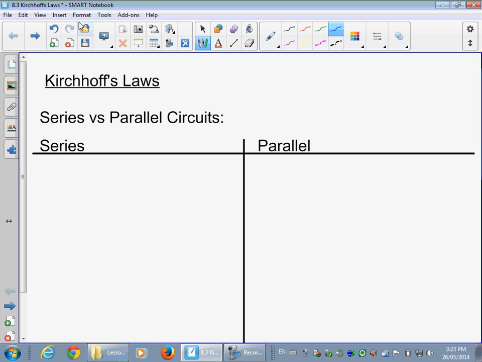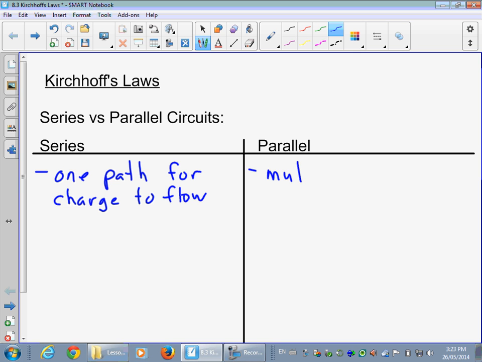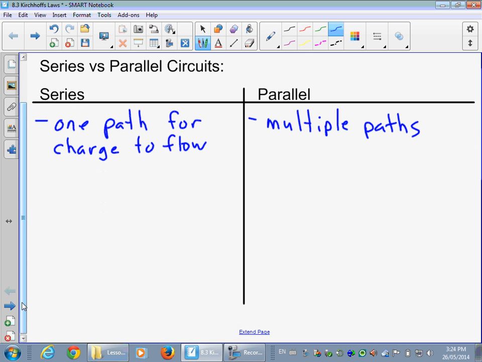In a series circuit, if you remember from grade 9, there's only one path for the charge to flow, for the electrons to move. And in parallel, there are multiple paths. So what this looks like in a simple series circuit with light bulbs might look something like this.